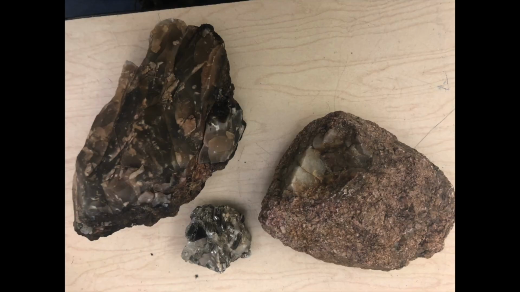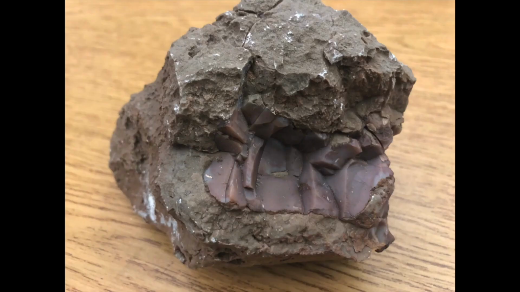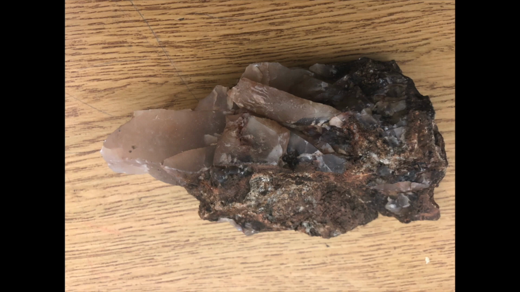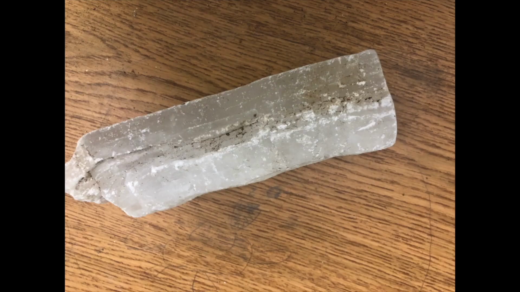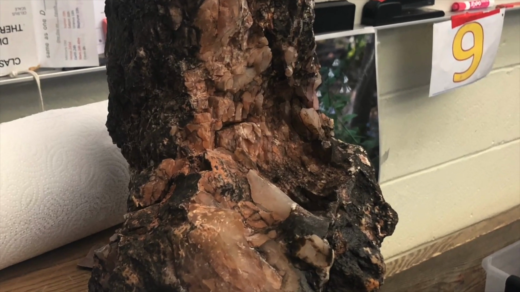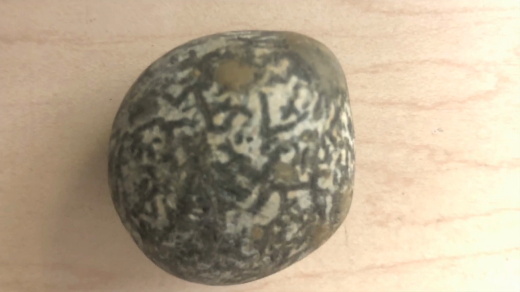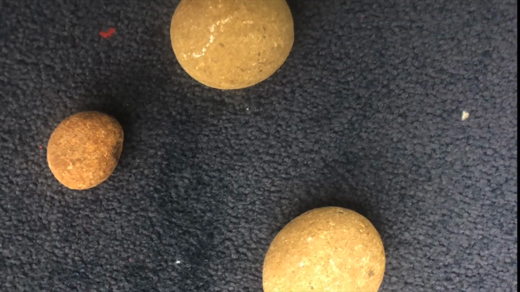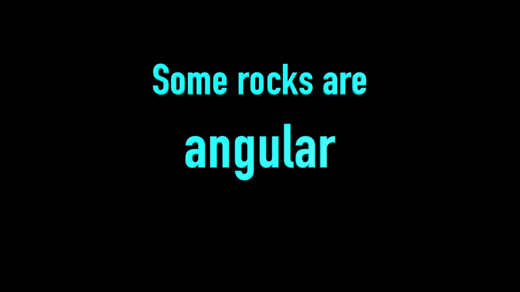Some rocks have crystals. Some rocks are round. Some rocks are not at all round. We call them angular.